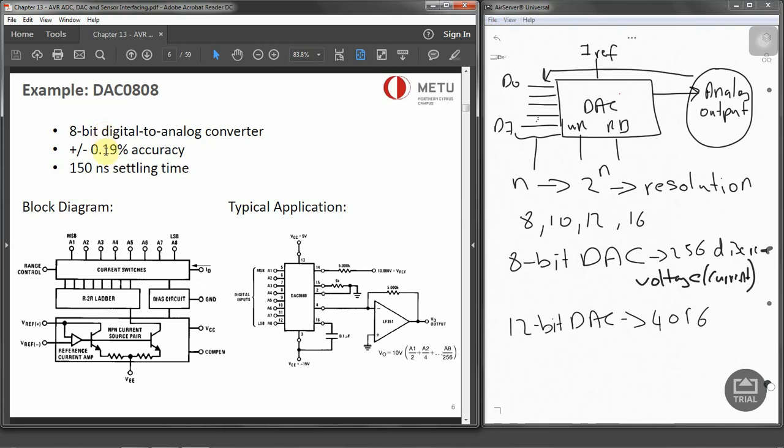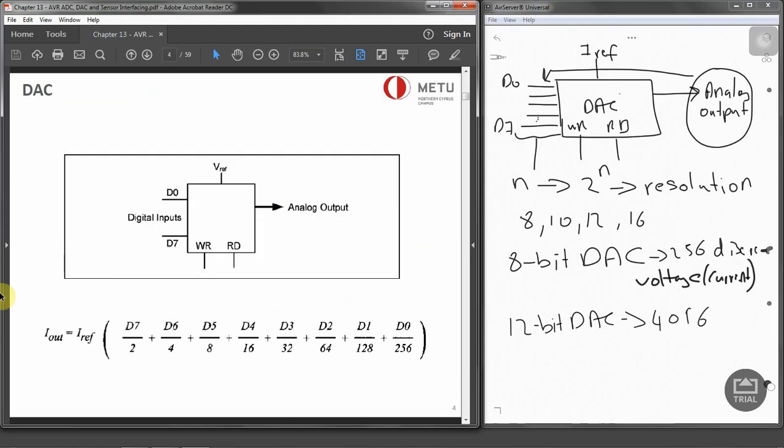Now, when you consider this device, the digital inputs are converted to current I-out, and we can connect the resistor over to the I-out pin, and we can have the result as a voltage. So the total current provided by the I-out pin is a function of binary numbers from D0 to D7.